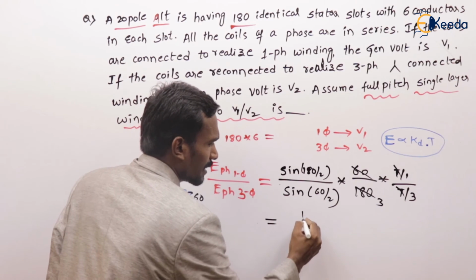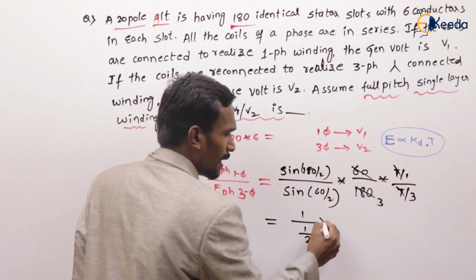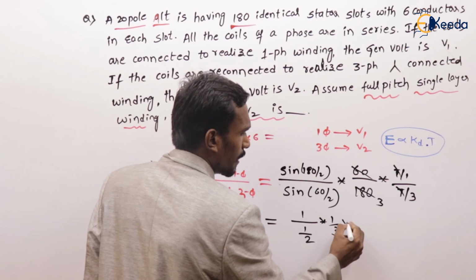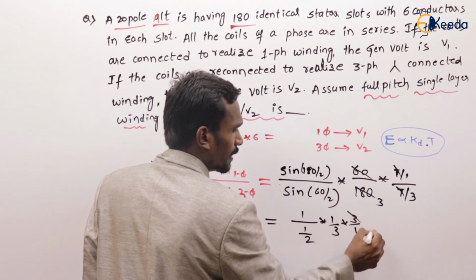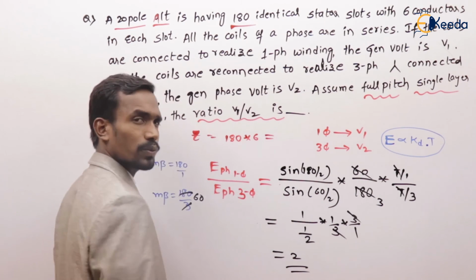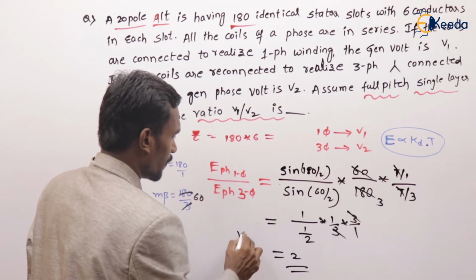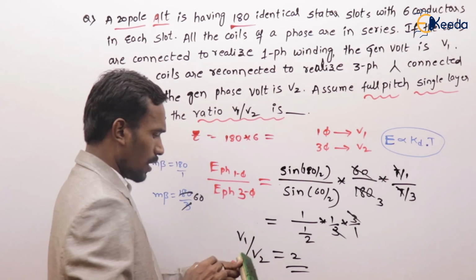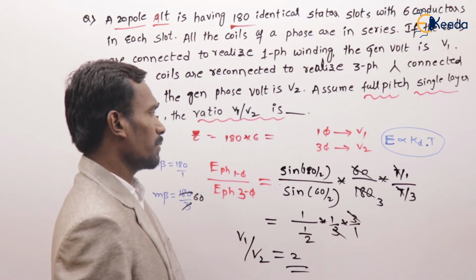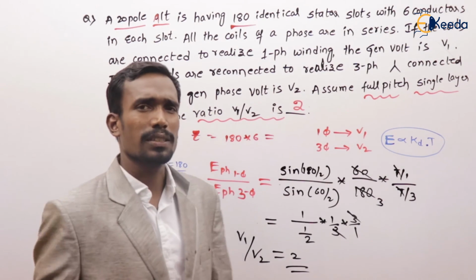So what is your answer? 1 divided by 1 by 2, multiplied with 1 by 3, multiplied with 3 by 1. The 3 gets cancelled. So our answer is 2. So this is the formula for V1 by V2, and this is our answer. V1 by V2 is equal to 2.